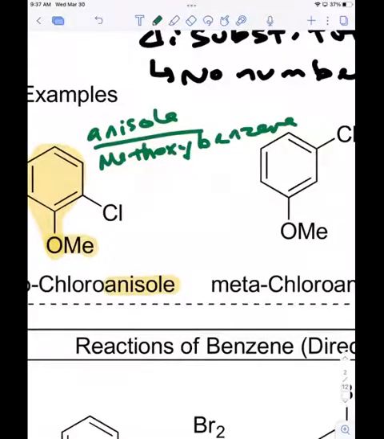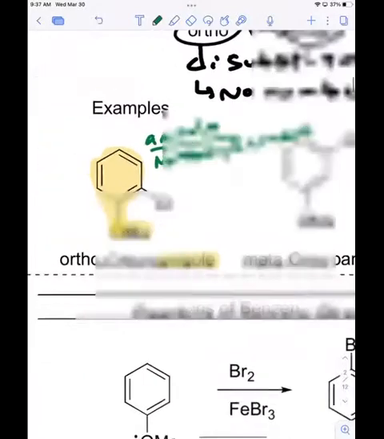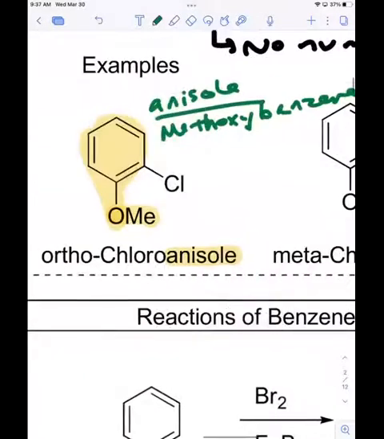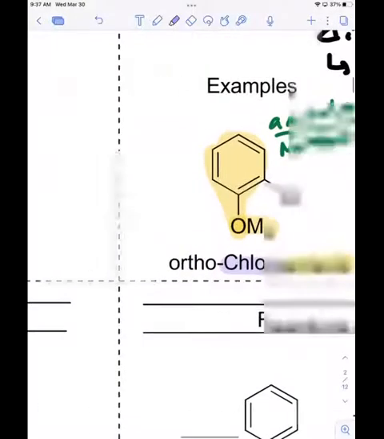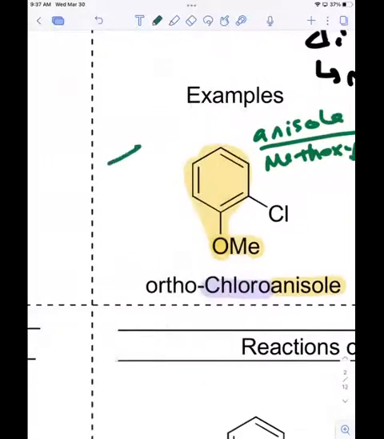But if I stick a group on there, like a chlorine, look at the name now. The name is now chloroanisole, because anisole is the common name for methoxybenzene. So when you see the word anisole, it is telling you that it is a benzene ring with a methoxy group attached to it, like that.